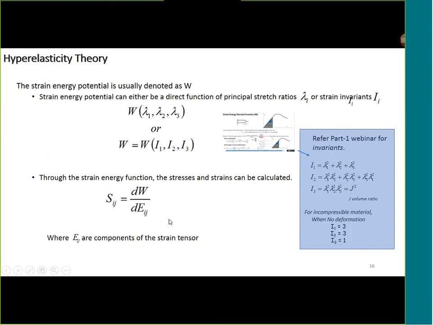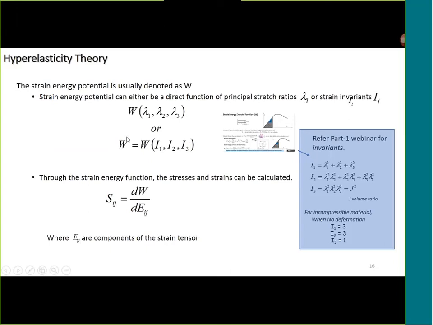And by now it is clear that when we are dealing with hyperelastic materials, the constitutive equation is in terms of the strain energy potential, not directly in terms of the stress and strain relationship. So one can write the strain energy potential either as a function of 3 principal stretches or as a function of 3 strain invariants that we have seen in quite detail in part 1 of this series.